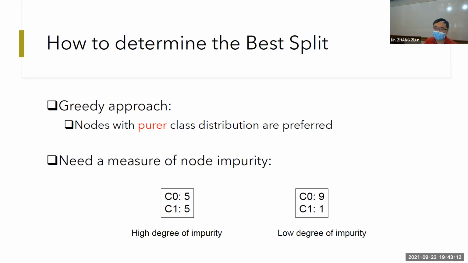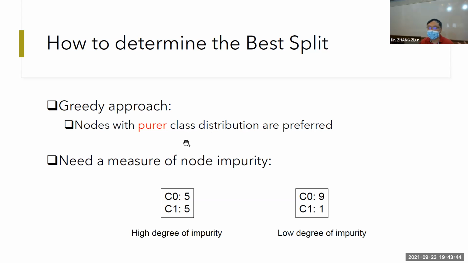In growing a decision tree, we usually consider a greedy approach, which means nodes with a purer class distribution are preferred. We want to develop a tree such that once we throw data into it and go to every node, those nodes should be pure, meaning every node has one class as the dominating case.